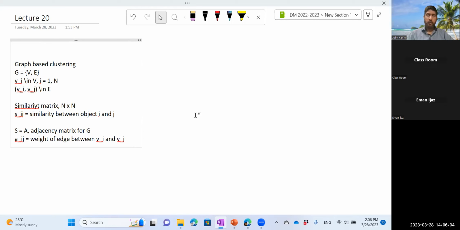And Vi and Vj, of course, represent object i and j. So there is a direct one-to-one correspondence between S and A. So given a similarity matrix, you can get an adjacency matrix that represents the same object in a graph.